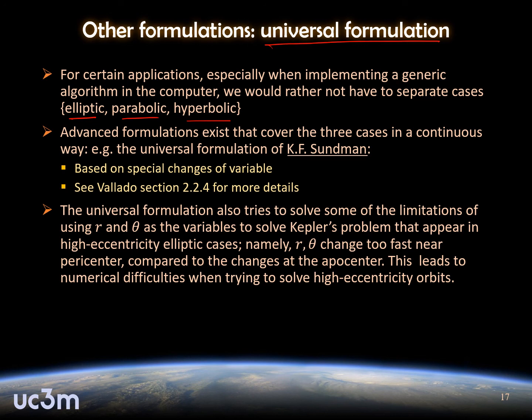This is all right, but it makes the logic of solving the problem in the general case more complicated. Imagine that you have to put this into a numerical code. You would have to use different switch cases to separate the three situations. And in fact, it is a little bit tricky to work with cases that are parabolic or near parabolic, because you have to decide where to do the transition between one formulation and the other.